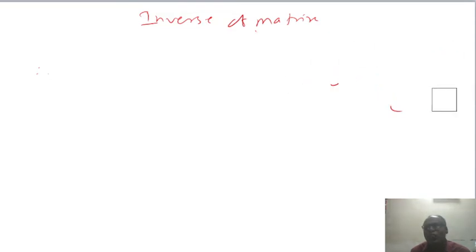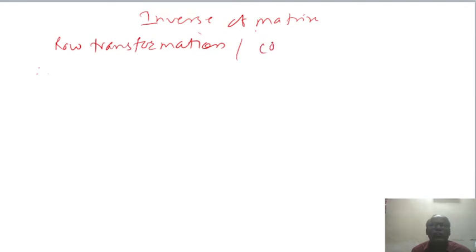Now, how to find the inverse? We just discuss with an example. Find the inverse of the matrix using row transformation. We have to find the inverse by row transformation first, and then we go for column transformation. Now see here, first example, row transformation.